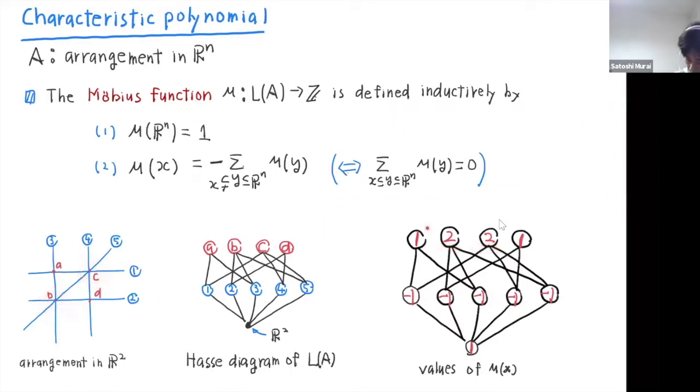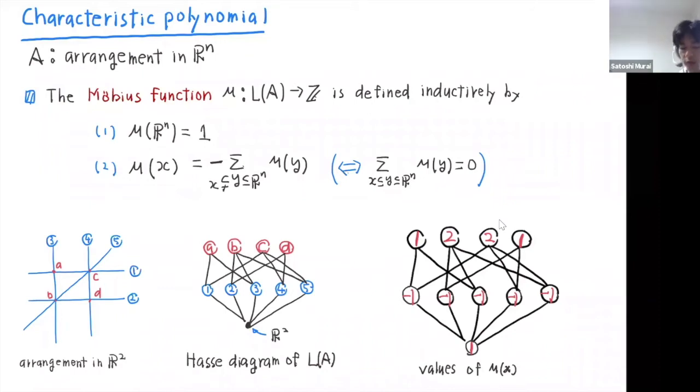And the points which have value 1 are points A and D, which are the intersection of 2 lines. So in some sense, in this case the Möbius function considers the multiplicity of the intersection of the lines. This is a very simple case, and the Möbius function of a more general hyperplane arrangement is more complicated, but it gives some intuitive understanding.